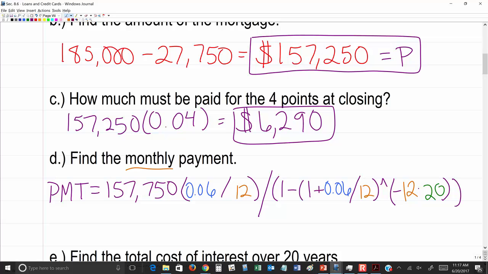Okay, so let's put that in. All right, so that is $1,130, and it said round to the nearest dollar, so we're going to round it there. $1,130 is your payment.